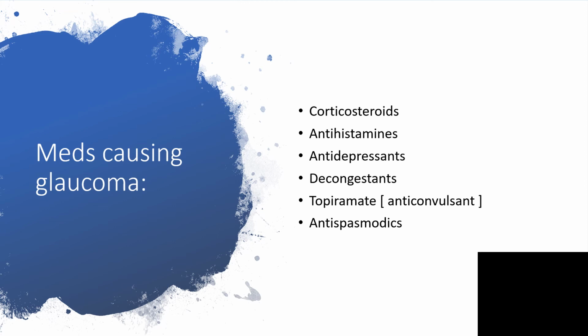You just go to the store, you grab your over-the-counter decongestants, ephedrine and the rest of that. You may be on the queue to have open angle glaucoma. Topiramate, what a good medication as an anticonvulsant, but there are horrible side effects, including the possibility of glaucoma. Antispasmodics.